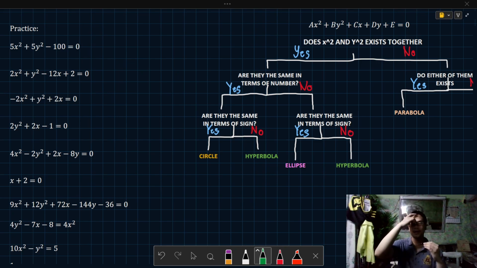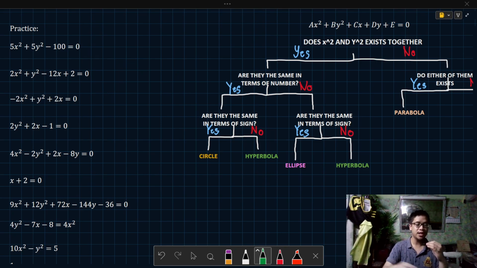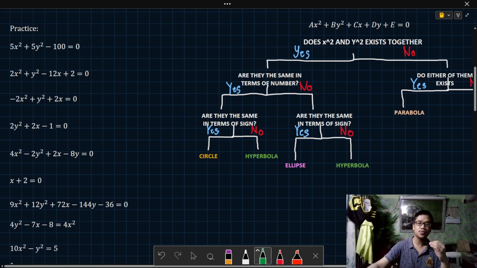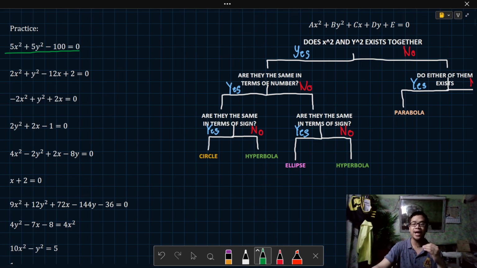Now we can relate this chart to the given problem. Let's start with the first problem: 5x squared plus 5y squared minus 100 is equal to 0. First question, do x squared and y squared exist together?